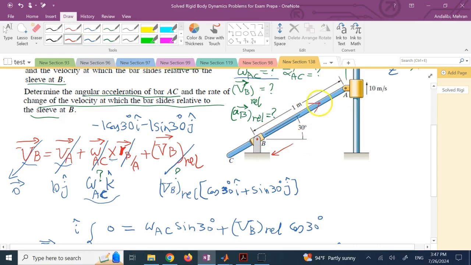So it means, again, if you have that camera and you look at B right now and another time point, a fraction of a second from now, B is going to get away from you. And that is right, because as we said, this member is going to slide, so point C is going to go like this, as well as any other point on this member is going to go this way.